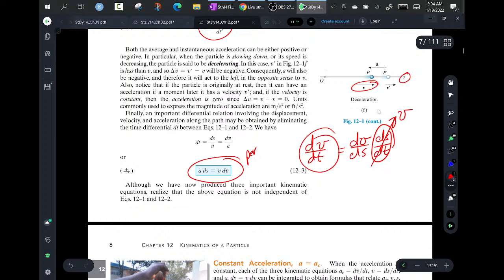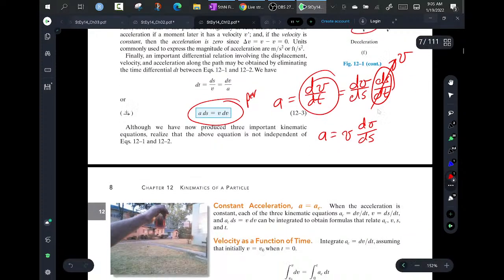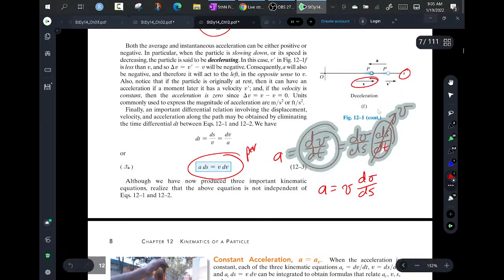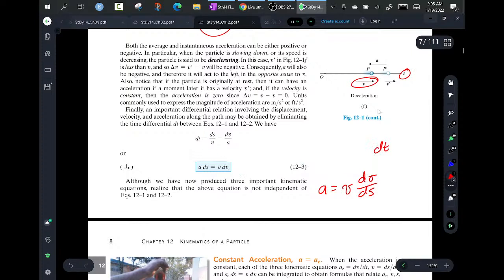So what you get is the acceleration is equal to, well, usually it's written this way, v dv/ds. Now, what generally happens after that is they take the ds over to the other side, and you'll see acceleration times ds with this moved over here equals v dv.